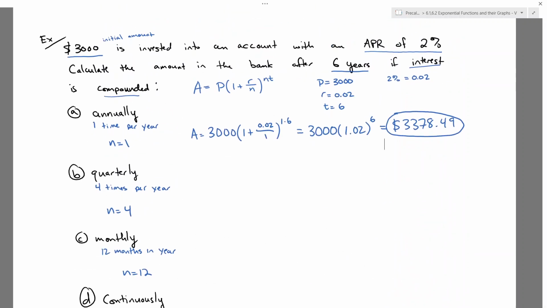Okay, so now we just calculate the other ones following the same procedure. So the second one is A is equal to 3,000 times (1 plus 0.02 divided by n), where n is 4.